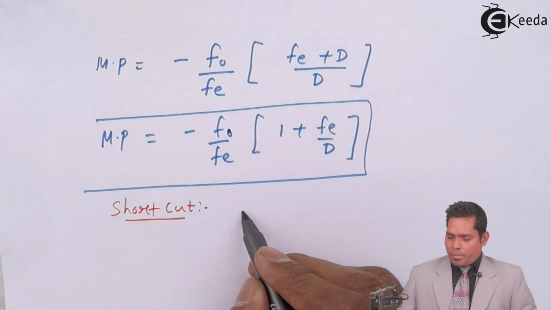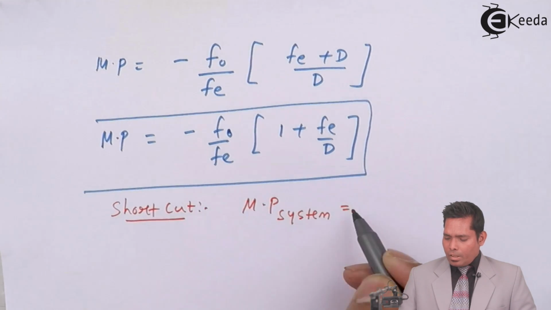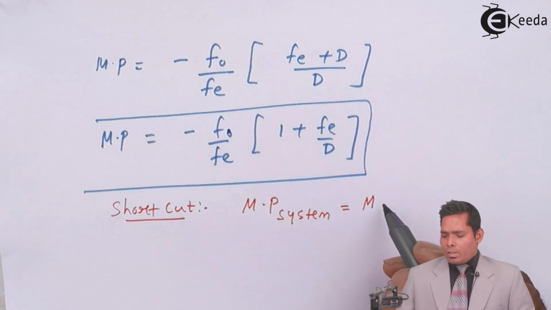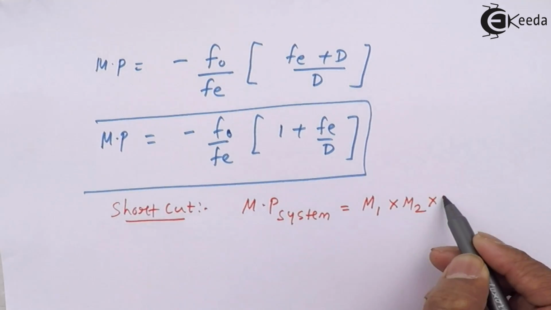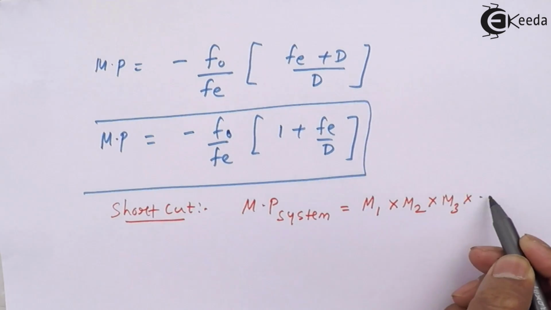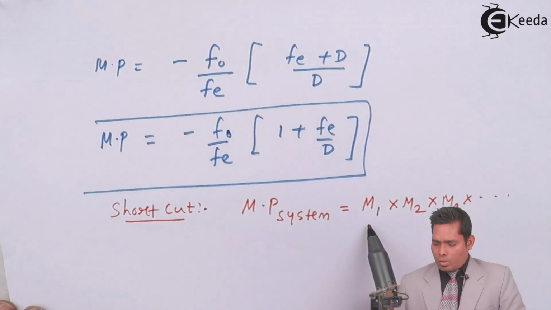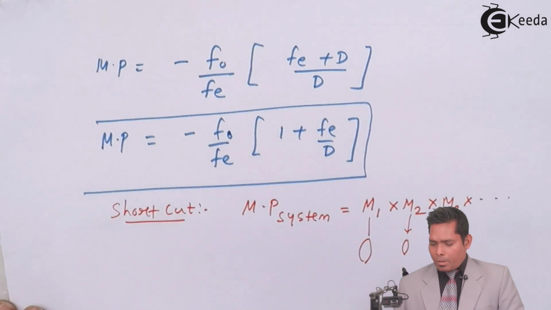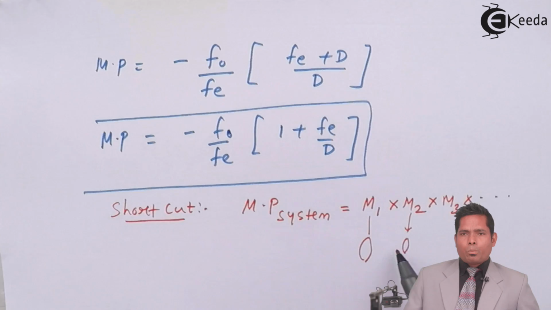That is, the magnifying power of a system is the product of the magnifying powers of the individual lenses, M1, M2, you just multiply and so on. So here we have to use two lenses. One is the objective, the other one is the eyepiece. So we will multiply the magnification of both the lenses.